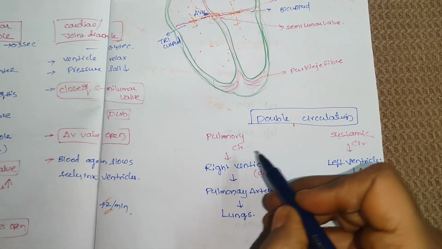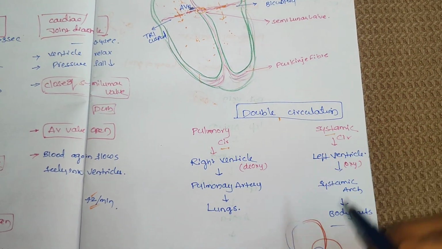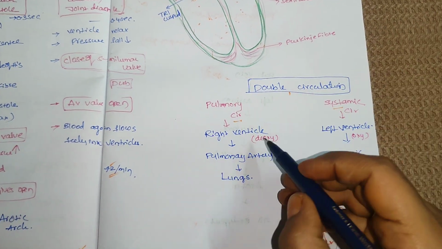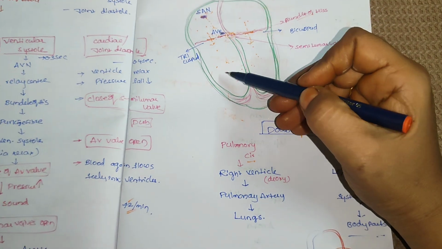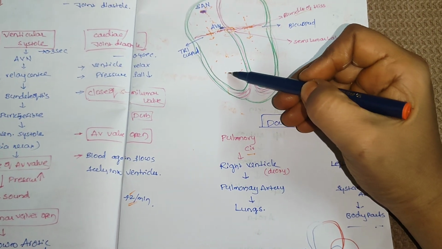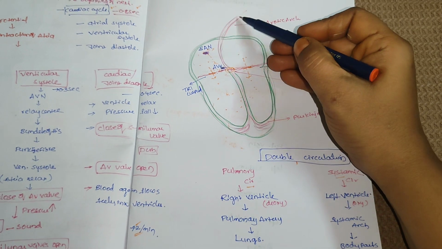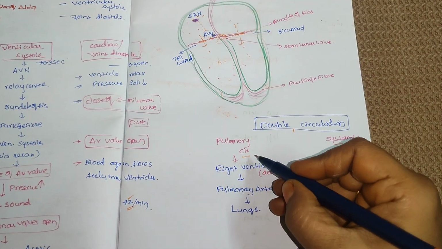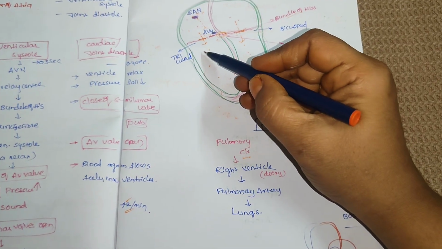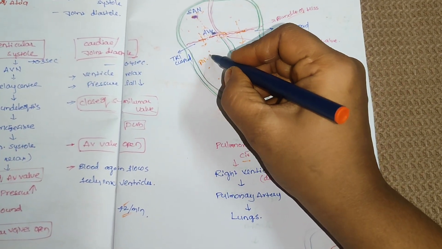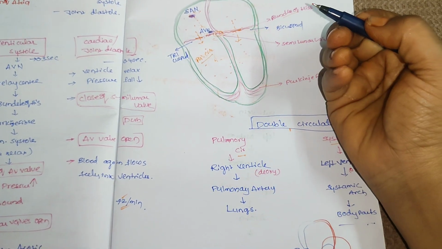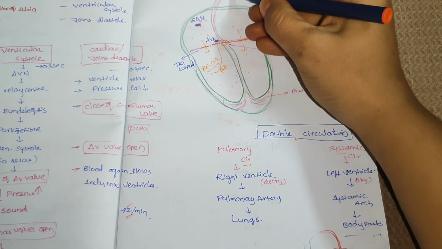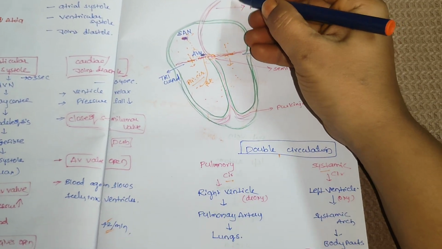So in double circulation, we have pulmonary circulation and systemic circulation. Pulmonary circulation starts from the right ventricle, and with the help of the pulmonary artery it reaches the lungs. Already we discussed this in the introduction. So pulmonary circulation starts from the right ventricle to the pulmonary artery to the lungs for purification, exchange of gases at the alveoli.